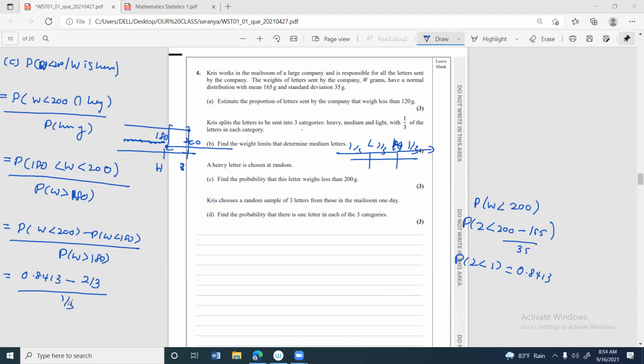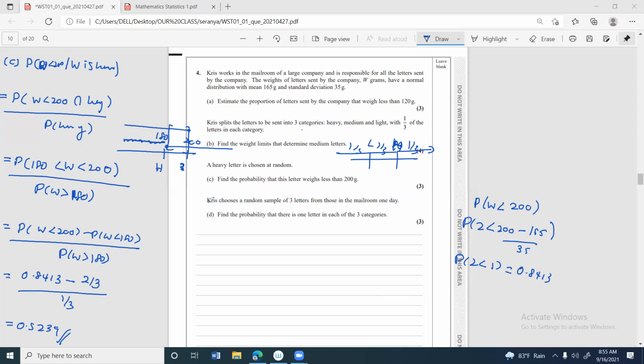So I can say 0.8413 minus 2/3, divided by 1/3. That answer is 0.5239. That's a way of getting this answer.